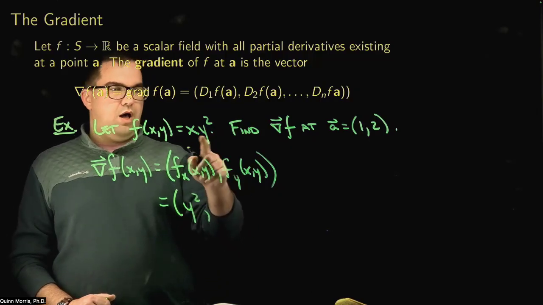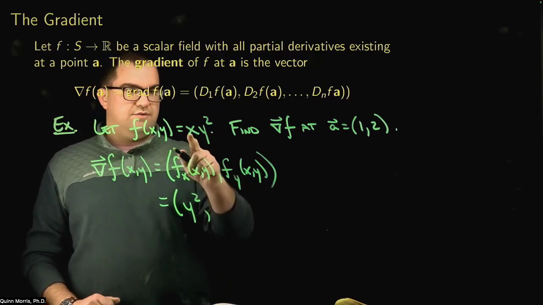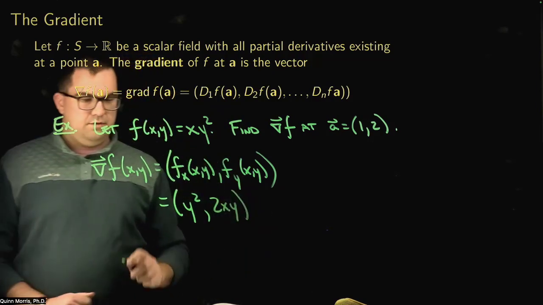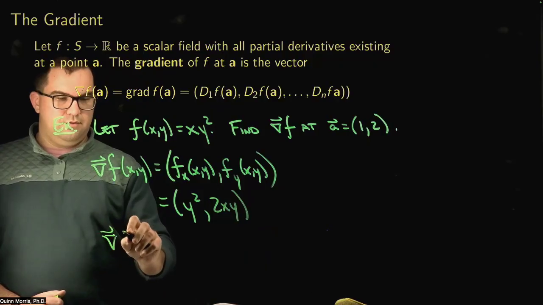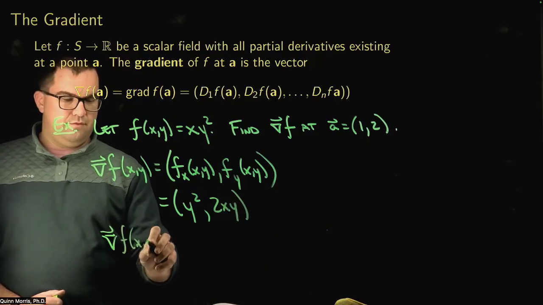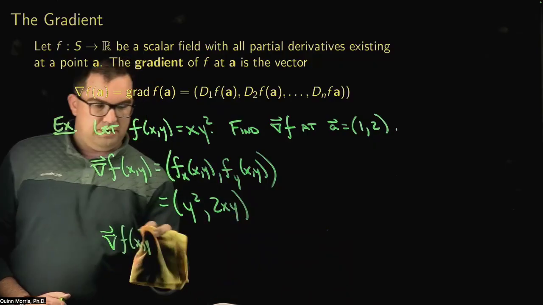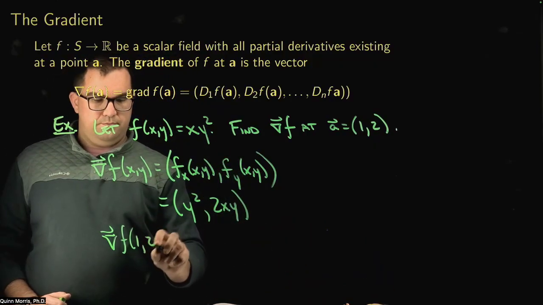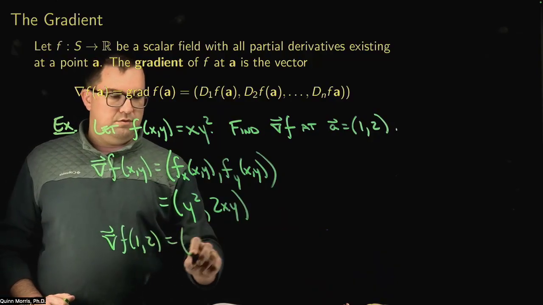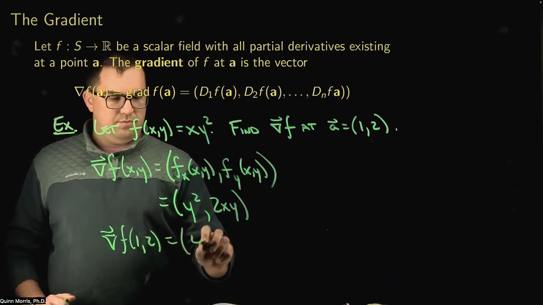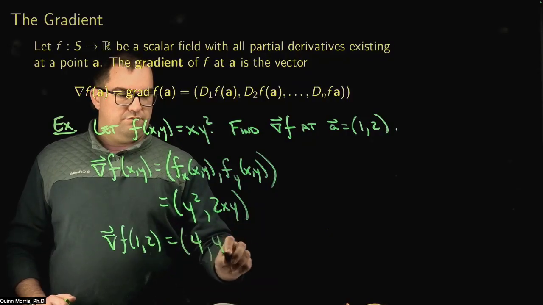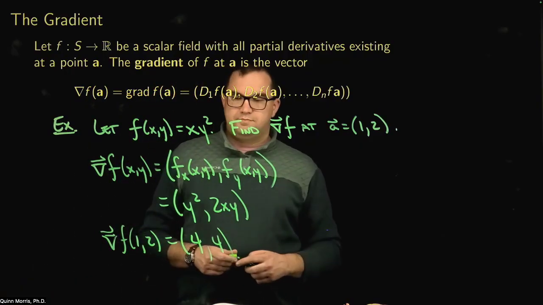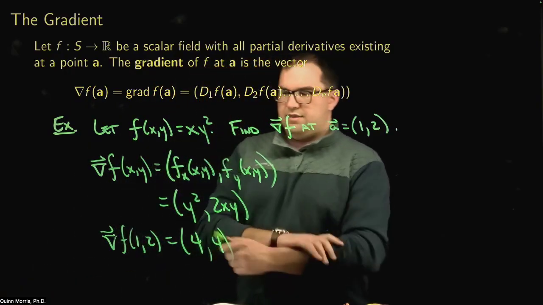For the partial derivative with respect to y, I pretend x is constant. So I have constant times y squared. That gives me 2xy. Okay. And now if I want the gradient of F at the point 1, 2, I simply plug in, so that'll be 4 and 4. Okay. 2 times 1 times 2. All right. So that gives me this gradient vector.